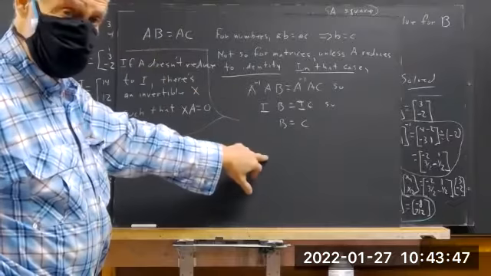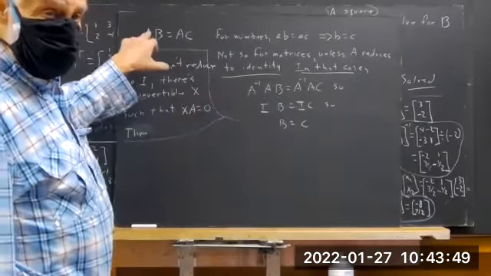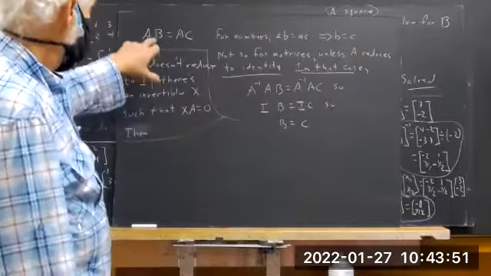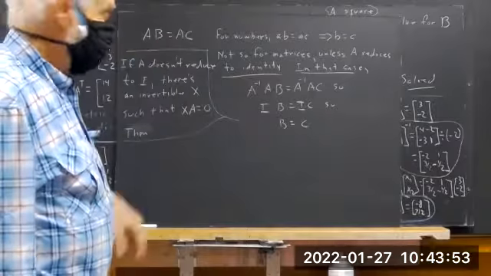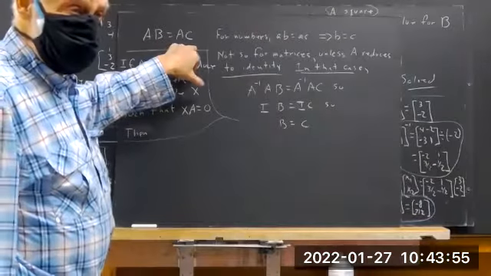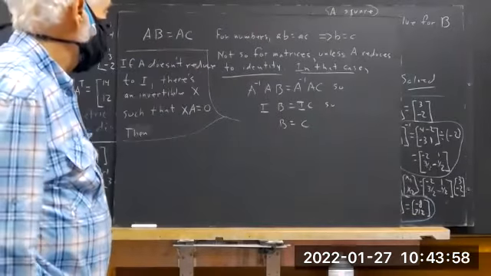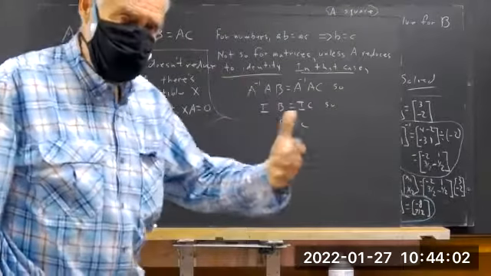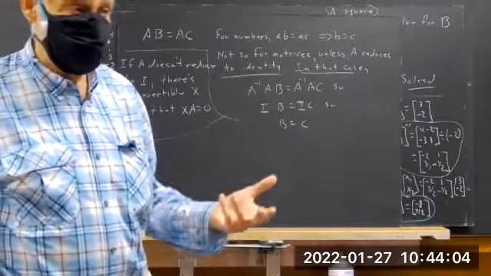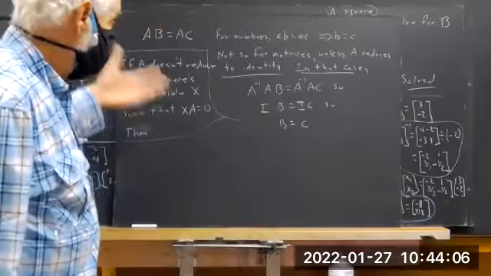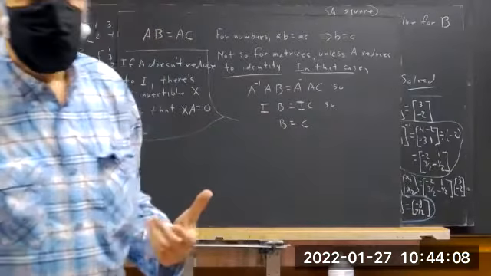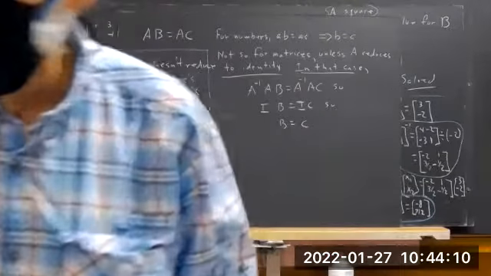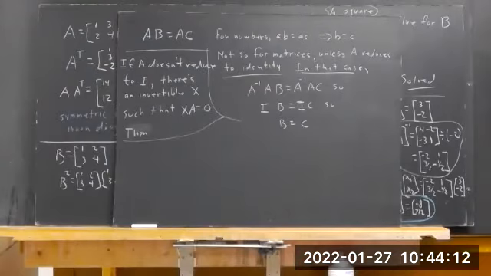If A is invertible, it works. If A is not invertible, then there could be more than one solution, so B wouldn't have to equal C. Okay. So that's just another comment on matrix algebra. You can take that as it is. You don't need to prove it. I don't think the book proves it either. But it's a fairly standard idea, a fairly standard manipulation.